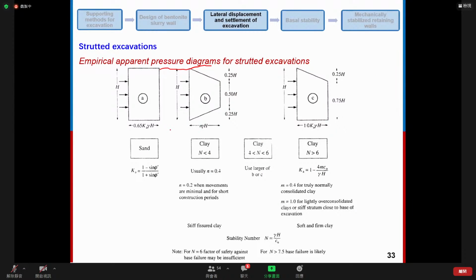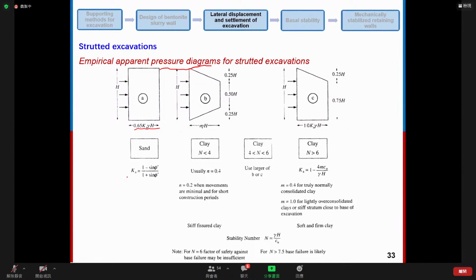So here we get the empirical pressure diagram for the braced excavation. Here we distinguish sandy soil, sand or clay. For sand, the apparent pressure diagram is in a rectangular shape with the maximum intensity equal to this value.